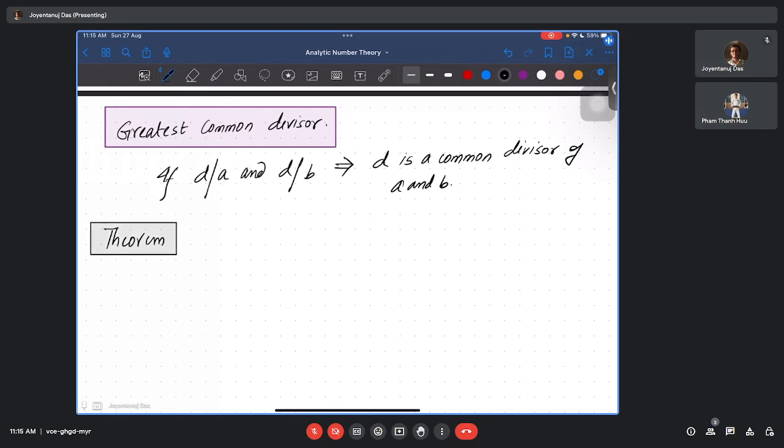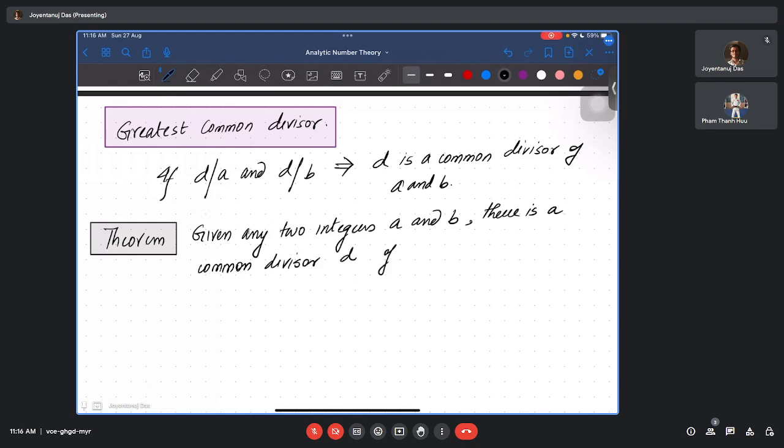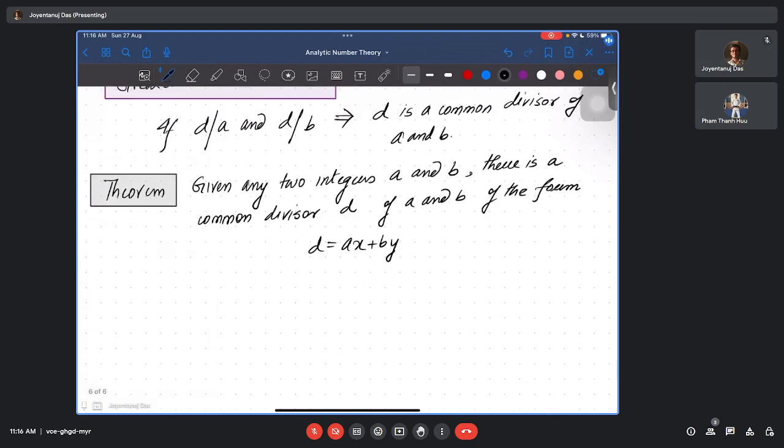So what does it say? It says that given any two integers a and b, there is a common divisor d of a and b, of the form such that we can express it as d equals ax plus by, where x and y are integers, x, y belong to Z, right?